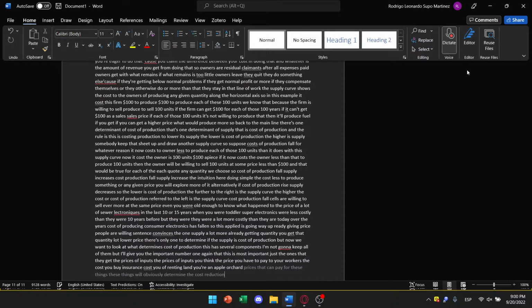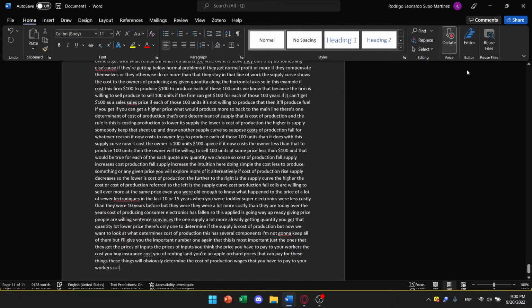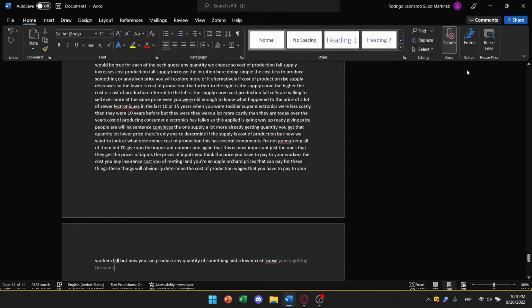If the wages that you have to pay to your workers fall, now you can produce any quantity of something at a lower cost because you're getting the same workers, but you're paying a lower wage. The cost of production falls. So you're now willing to supply more at any given price.